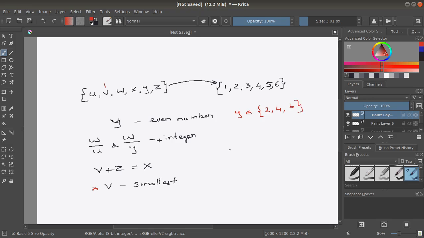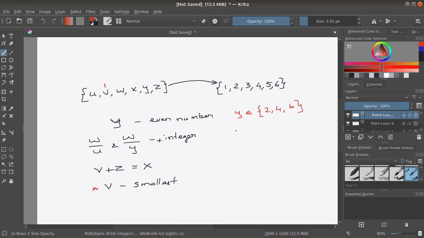Okay, fine. Now let's see this condition. In this condition, say I assign a value for w, and that number should be divisible by u and y. Okay, if it is divisible by other numbers, then what I can say about w is w should not be a prime number.